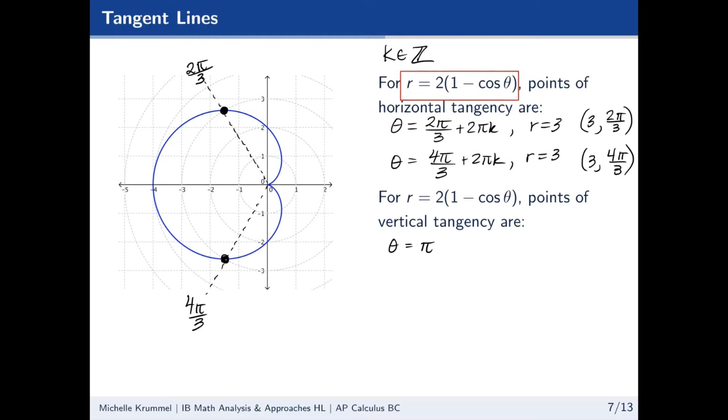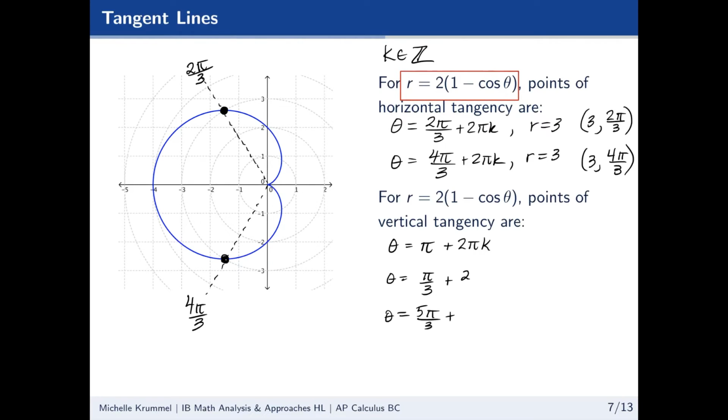So theta equals pi, and then 3 pi and 5 pi and so on. So pi plus 2k pi, or 2 pi k. And then we had pi over 3 and also 5 pi over 3.